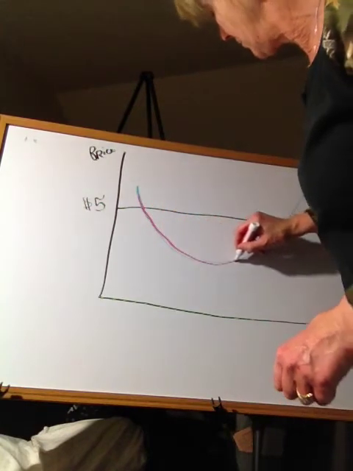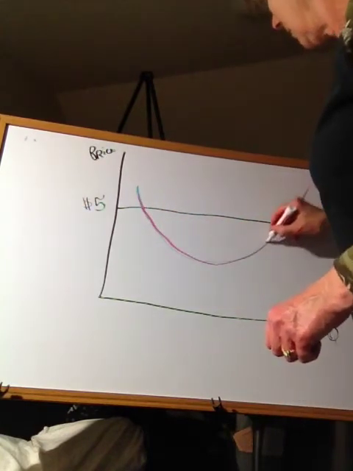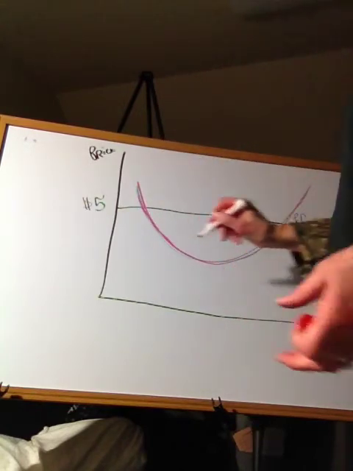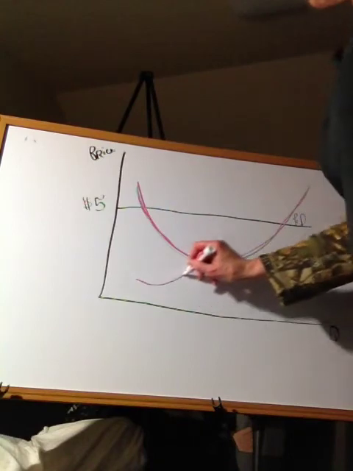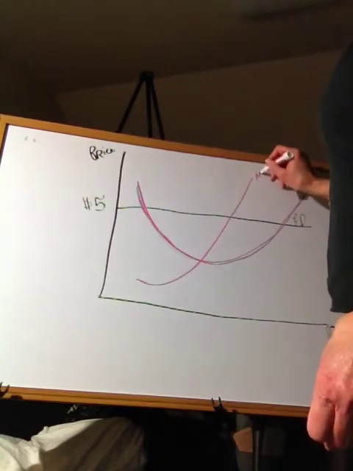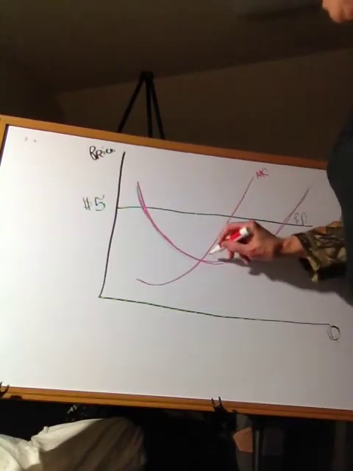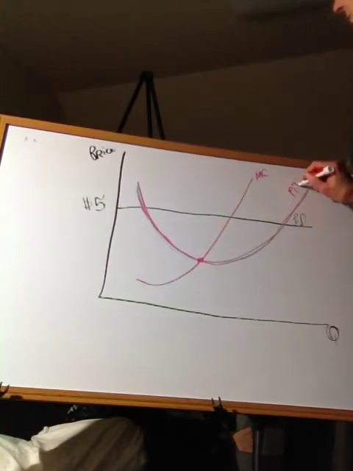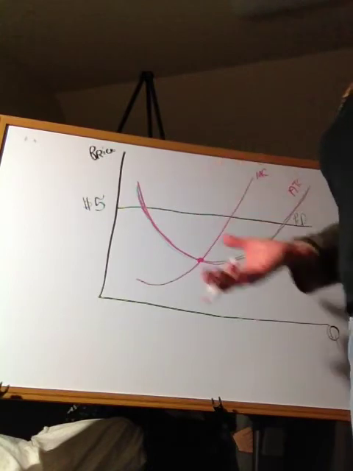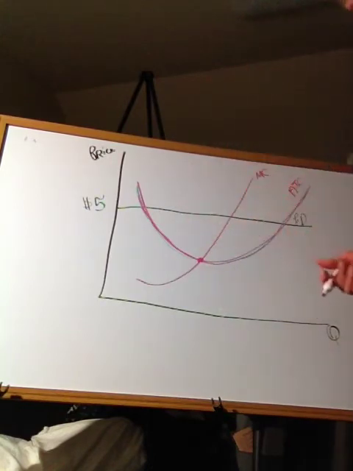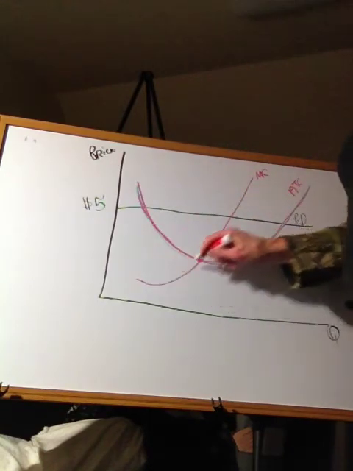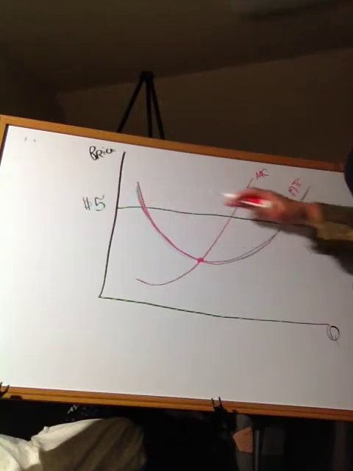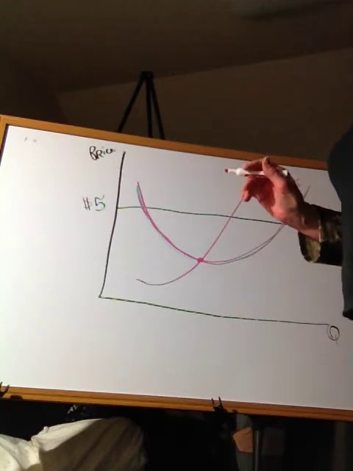Looks like it turned out to be pink. So this is your average total cost curve, which you're familiar with seeing. Then we're going to bring the marginal cost into the picture. And remember, the marginal cost intersects the minimum point of the average total cost curve. Now, I told you that before, and I said it didn't make any difference, but today it makes a difference. Where the marginal cost intersects the horizontal line that you see here is rather significant.